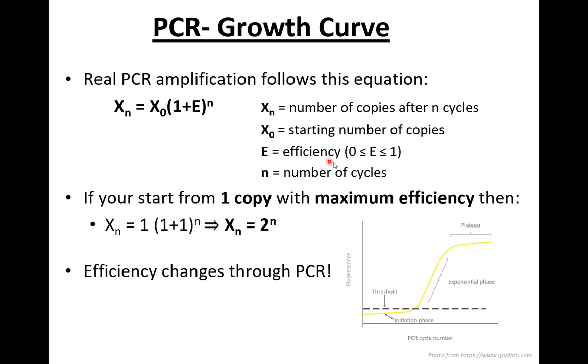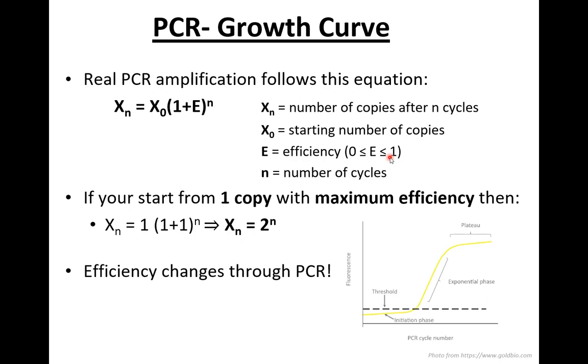First of all, the efficiency here is what really dictates how much you get. The efficiency can be anything between 0, meaning your PCR is not working, so there's a problem with your primers, or you forgot one of the deoxyribonucleotides, or 1, where you have maximum 100% efficiency.